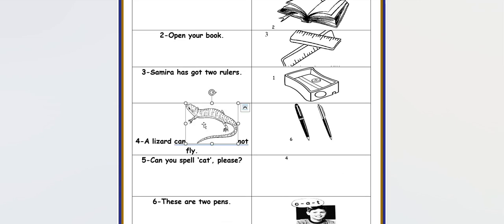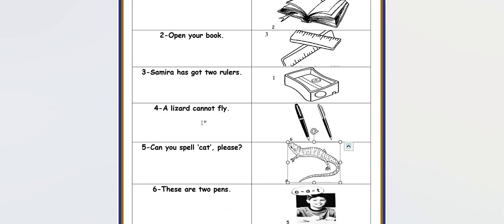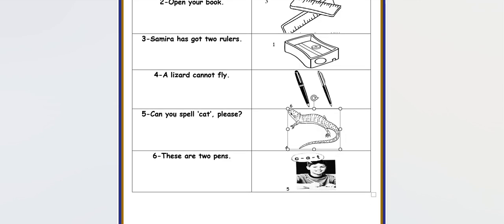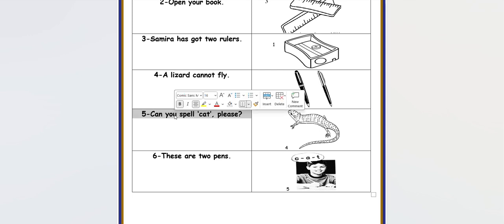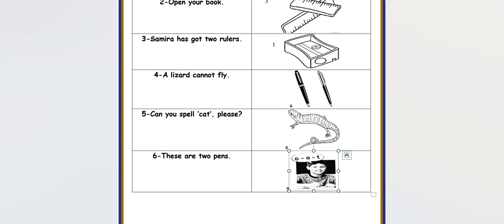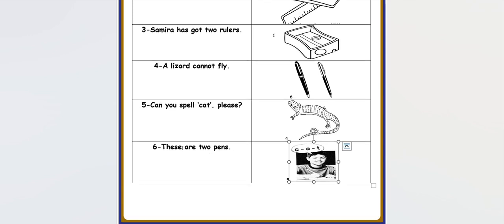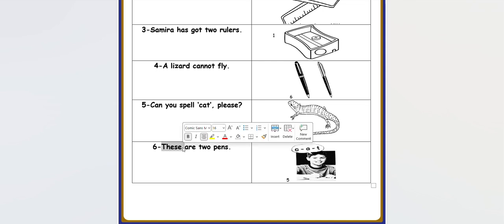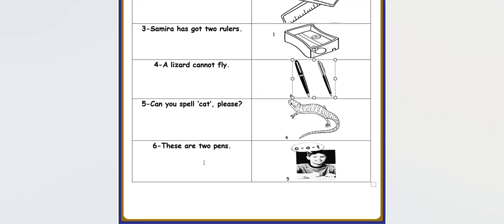So sentence number 4 with this picture. And number 5, can you spell cat? So sentence number 5 with this picture. And finally, these are 2 pens. Sentence number 6 with this picture. Okay, next question.